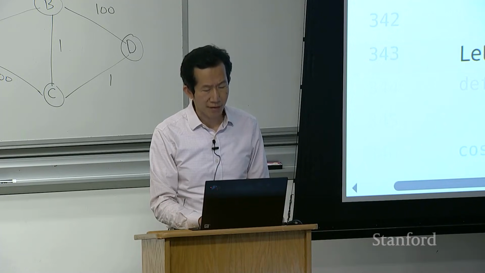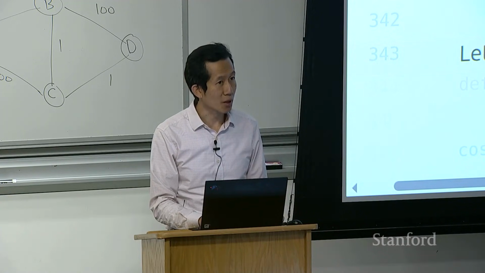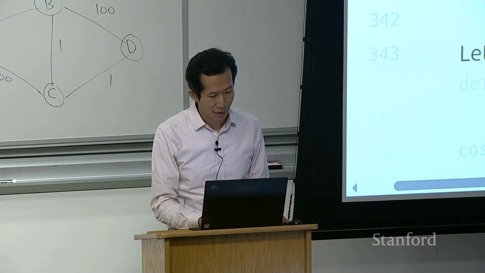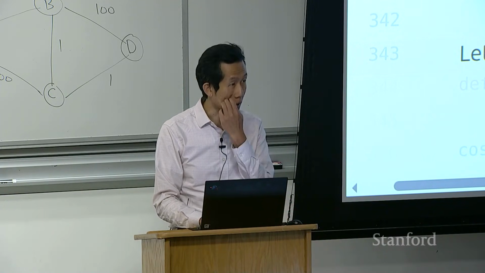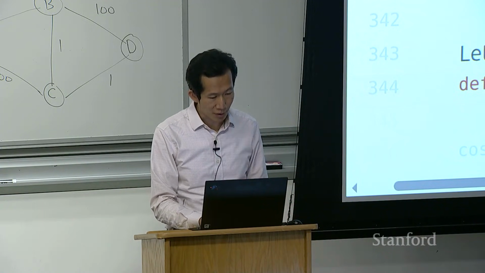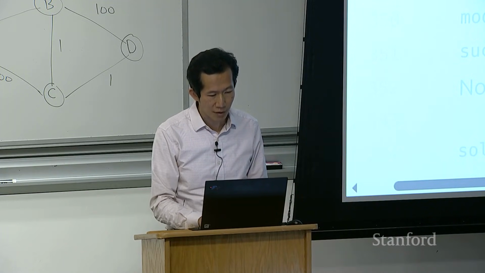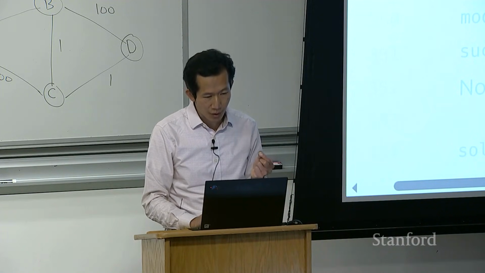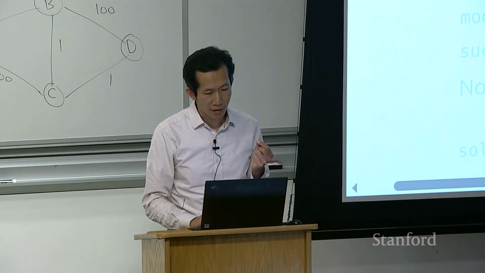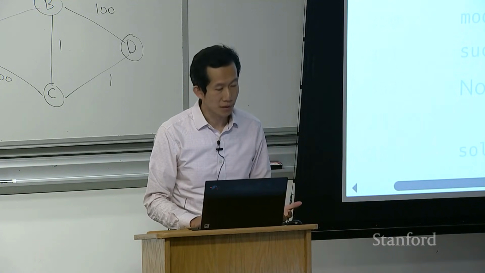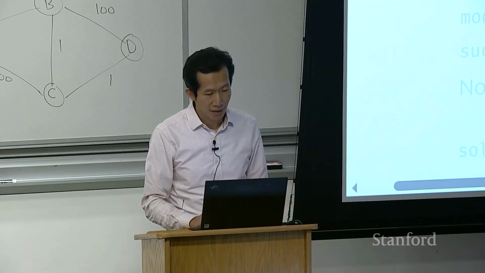Let's run A star on this example. I'm going to show you how A star is going to help here. First, I need to define a heuristic function. I'm going to define this heuristic function as 2 minus state, which means that at 2, the heuristic is 0 because I'm at the end state.